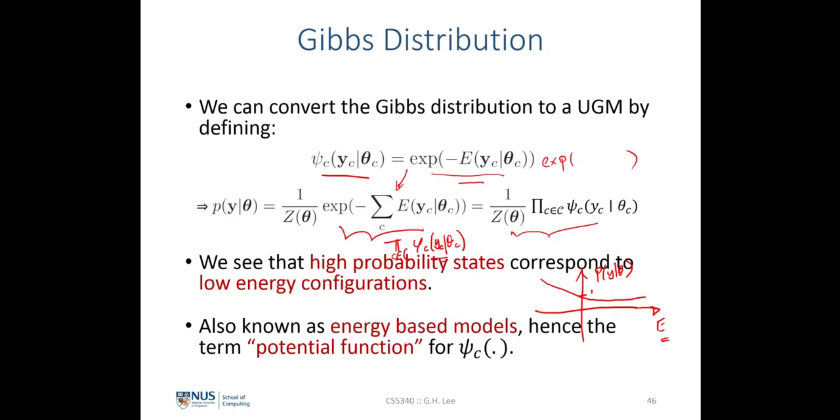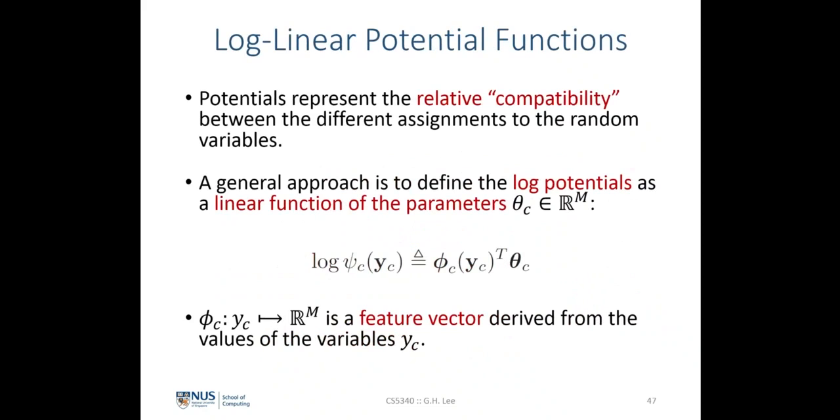And since this is an energy based model, we also term this phi of C as a potential function, which I have already been using interchangeably with local function a few slides ago. So potentials represent the relative compatibility between the assignments to random variables. Let's say I'm looking at a pair of random variables that is linked by an edge over here.